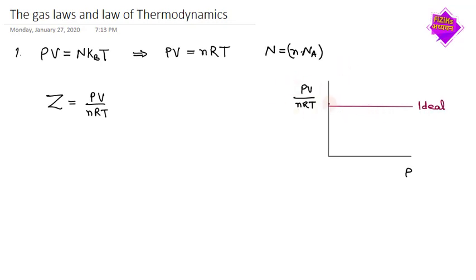For hydrogen gas, the response has a negative slope with respect to the ideal gas, and helium has a lower slope than hydrogen gas, but the Z factor still depends on it, and I will tell you what this Z factor means.